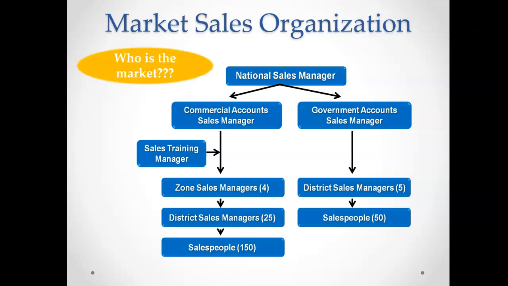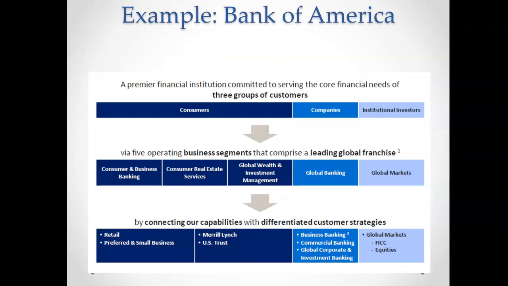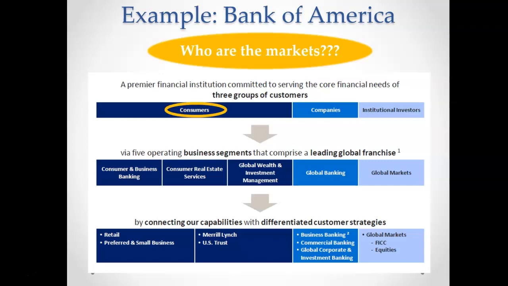Here's another example. You can always look at who is the market. So commercial versus government. An example would be Bank of America. They divide into 3 groups of customers. You've got consumers, so that's you and me. You've got companies, so general business firms.